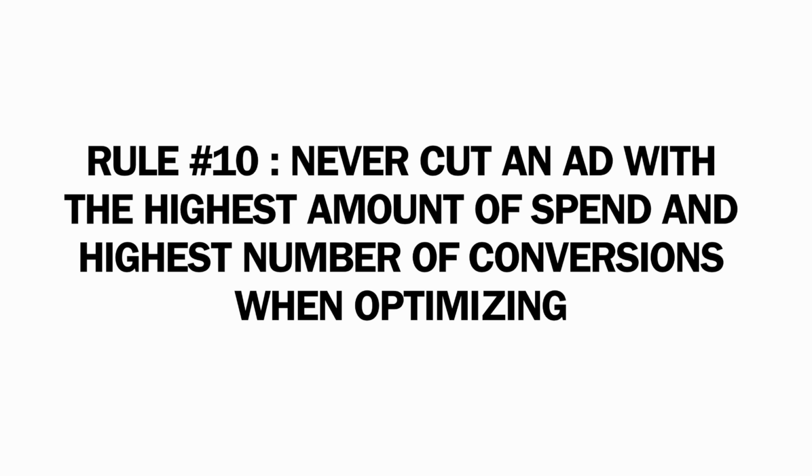Never cut an ad with the highest amount of spend and the highest number of conversions when optimizing. So these are all 10 rules that I have covered in this video.